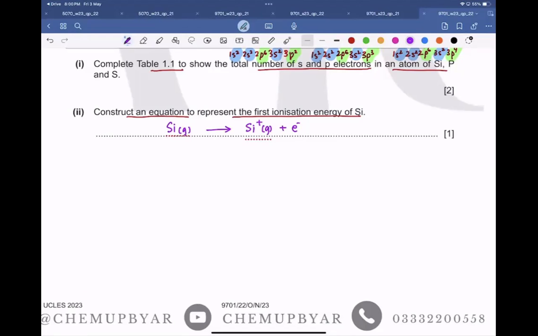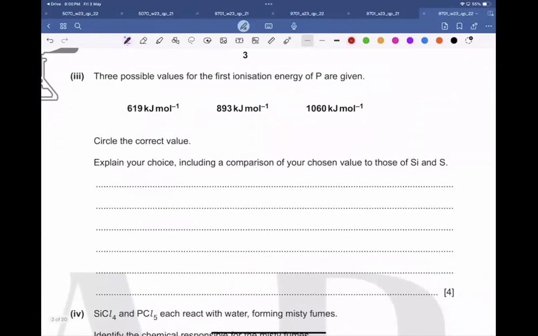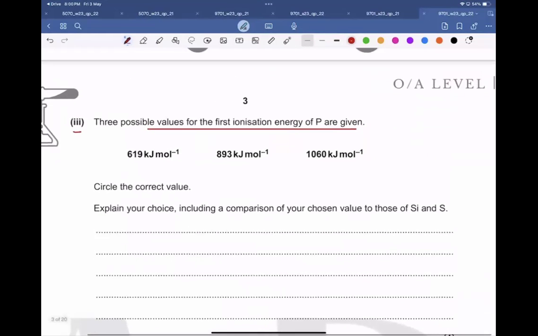Now, three possible values for the first ionization energy of phosphorus. Let me recall.